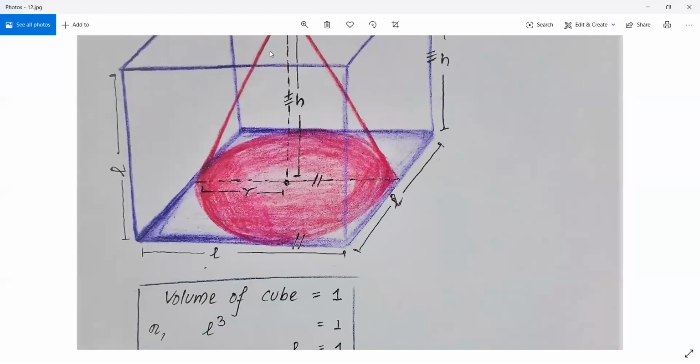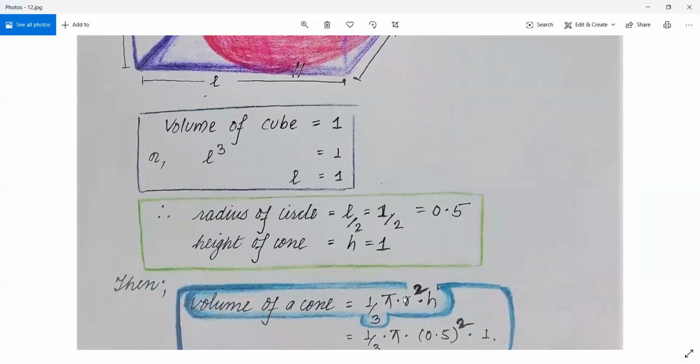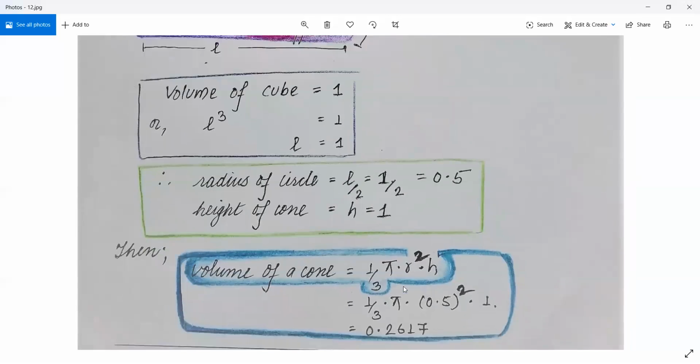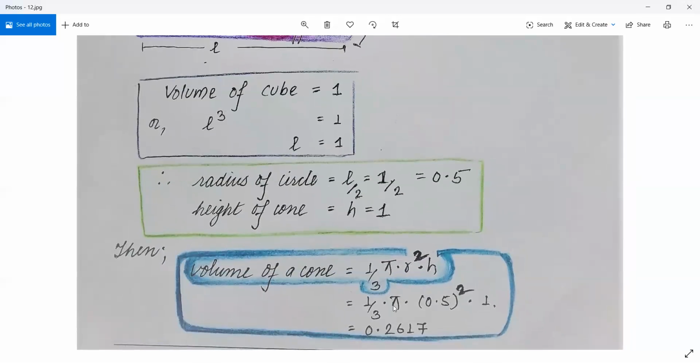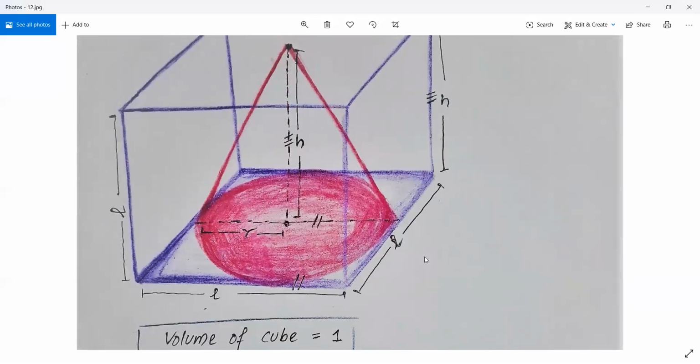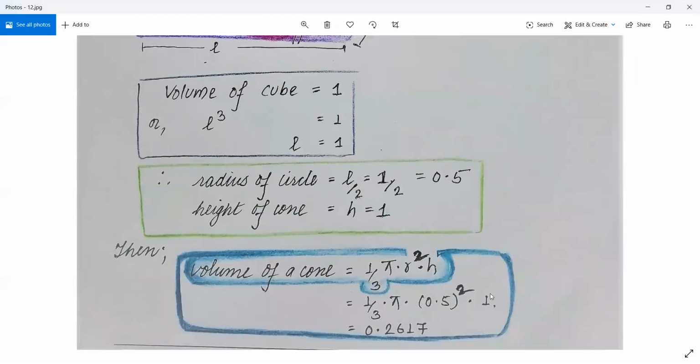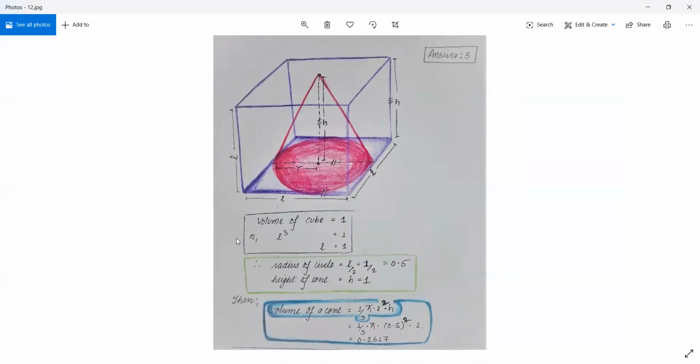The formula for the volume of the cone is 1/3 pi r squared h. Here 1/3 is constant, pi has a certain value, the radius we have calculated as 0.5, so 0.5 squared, and the height will be equal to 1. Then you'll get the value 0.2617 when you calculate the volume of the cone.